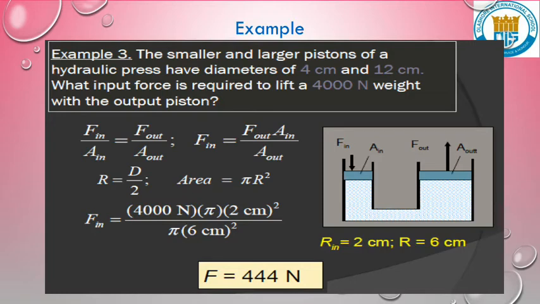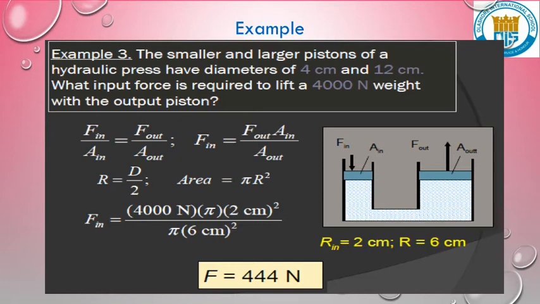So look at the diagram. You are given the data that you need. You were told the diameter of the cylinders of the press. You have the 4 centimeter and 12 centimeter, and we also have the weight you want it to lift. That is the output force. Now we are looking for the input force.